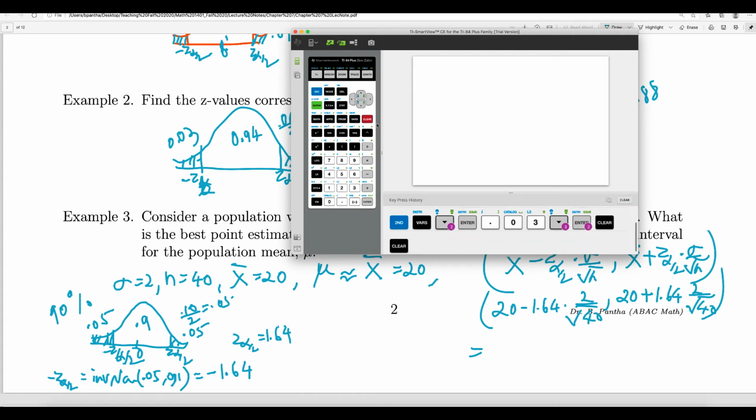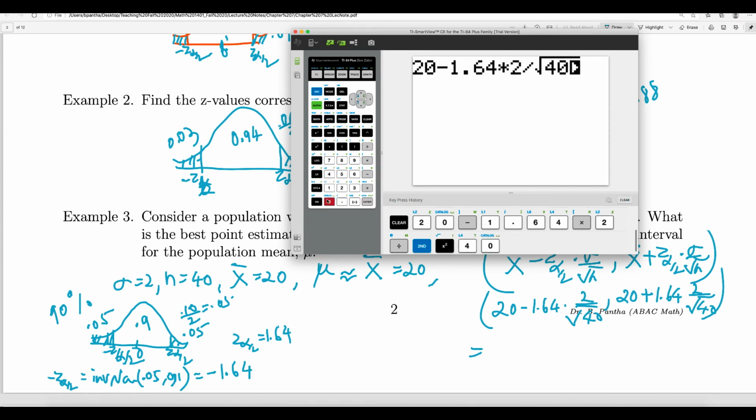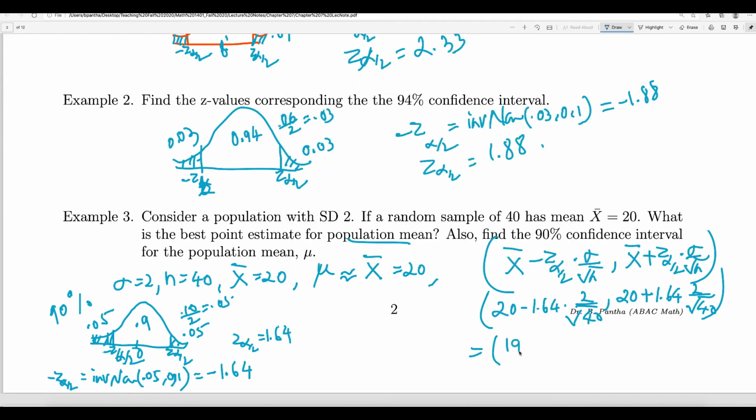I want to write 20 minus 1.64 times 2 divided by square root of 40. Hit enter. You get 19.48, so the left number is 19.48. To find the right number, you can just copy whatever you did.